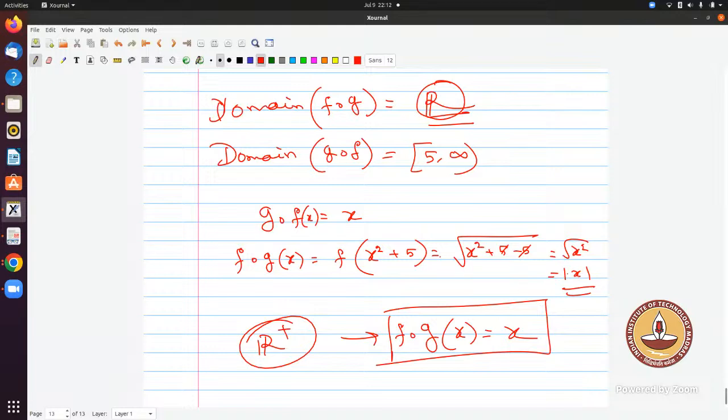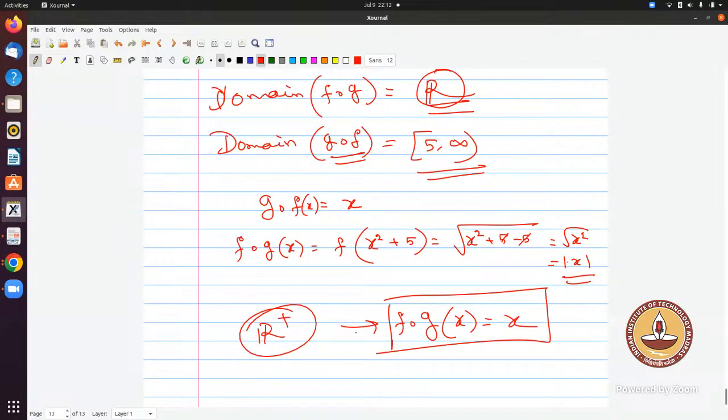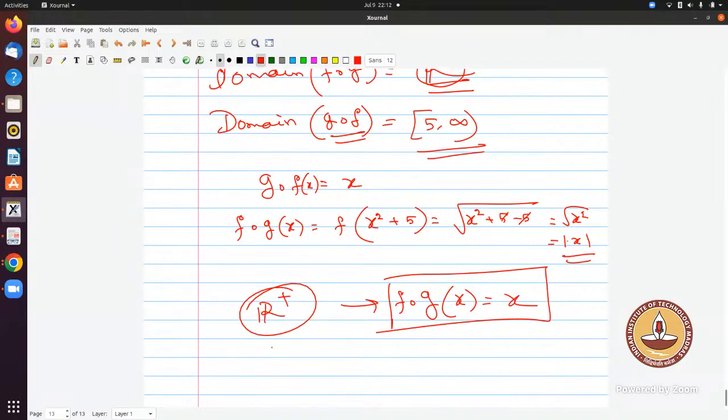Yes. Now I can do that because for G compose F the domain was 5 to infinity. So when both the functions are equal, we restrict the domain to 5 to infinity, because 5 to infinity is part of R plus. R plus is 0 to infinity, and 5 to infinity is a subset of it. Right?